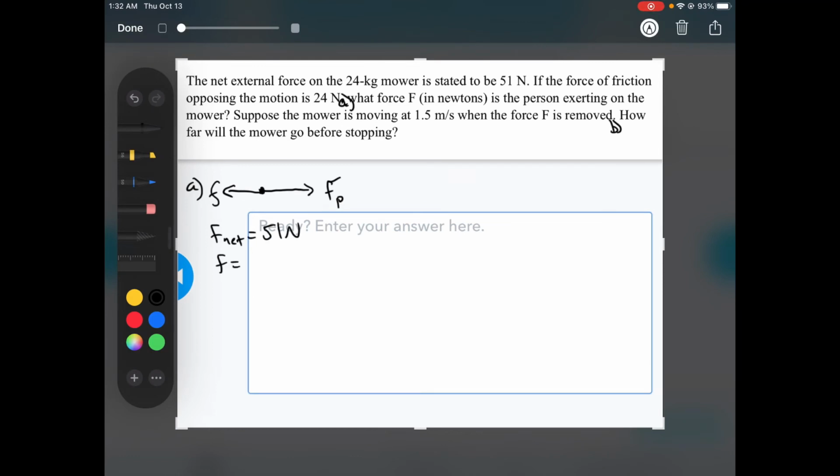We know the frictional force is 24 newtons. We don't know FP. So remember, net force is mass times acceleration. We already dealt with that. We don't need to worry about that. We know the net force already. So we don't need to set up two equations like we normally would. We do have normal force and weight, though, counteracting each other in this free body diagram. Always need to draw those.